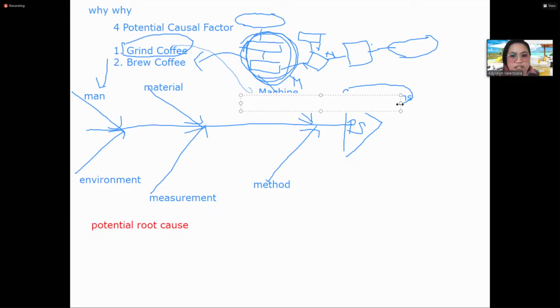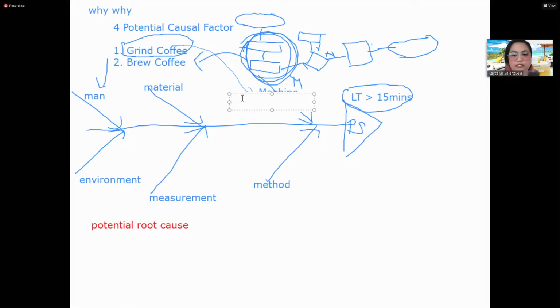Can you type sa chat box ano yung mga nakikita nyong inputs? Okay, may sira yung machine. If we will put it in English, machine malfunction. Okay, faulty or slow grinder.